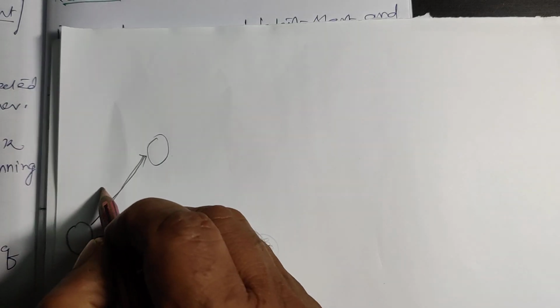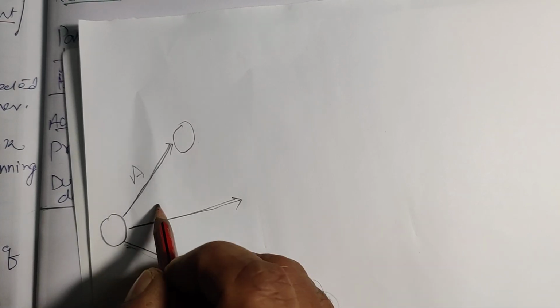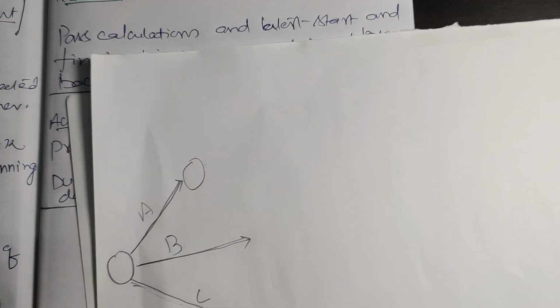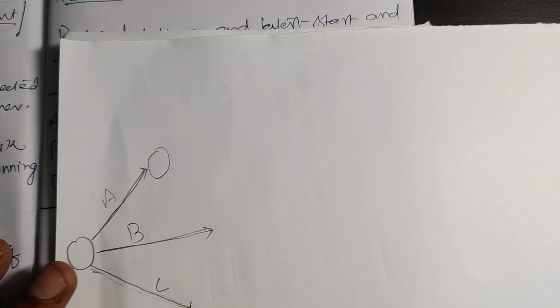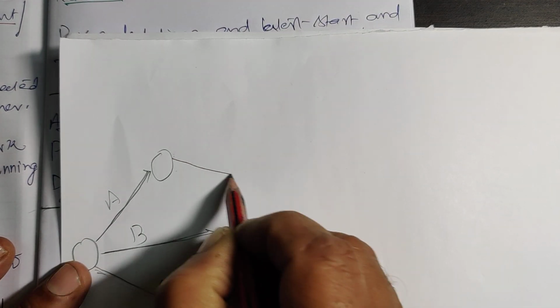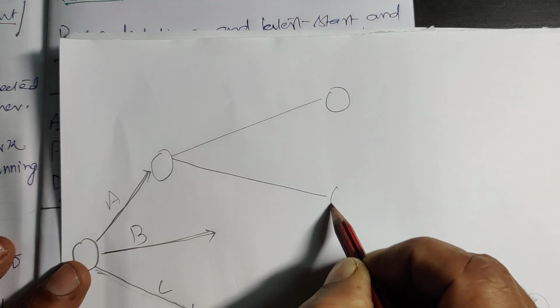If I take this as activity A, this as B and this as C, when activity A is completed, two activities D and F can be started. This is activity D and this is activity F.